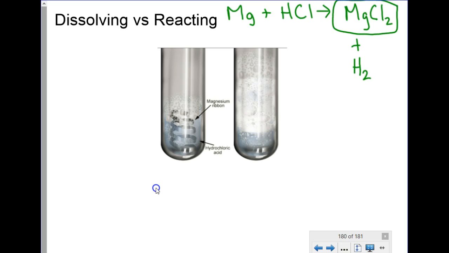This is a lot different than what this is. Magnesium by itself is a metal. Magnesium in magnesium chloride is actually now an ion. It's Mg2+, which is chemically very different than Mg. When you dissolve something, it becomes part of a mixture.